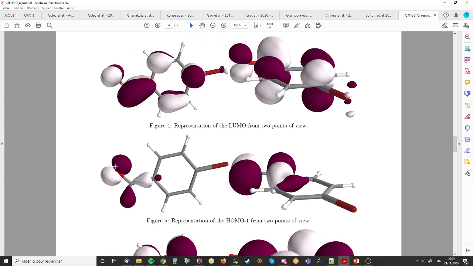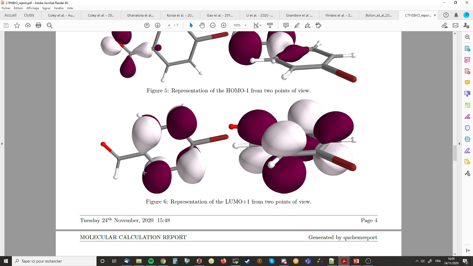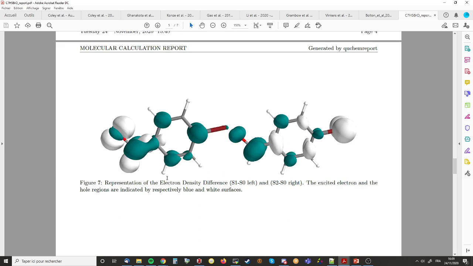HOMO minus 1 is more the non-bonding electrons of the oxygen, slightly anti-bonding here. And the LUMO plus 1 is the anti-pi star orbital of only the bridge. So we can compute the energy differences. For those who have the reports, you have those pictures.